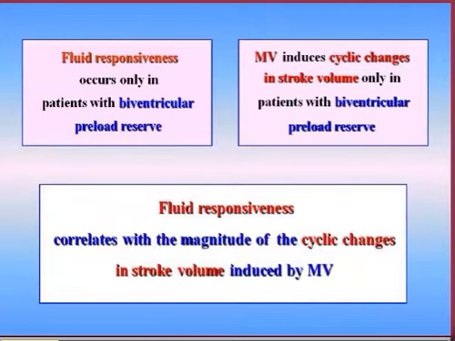So if we put together these two statements, we can deduce another one, which is fluid responsiveness should correlate with the magnitude of the cyclic changes in stroke volume induced by mechanical ventilation. And this is the hypothesis of the concept of pulse pressure and stroke volume variation.